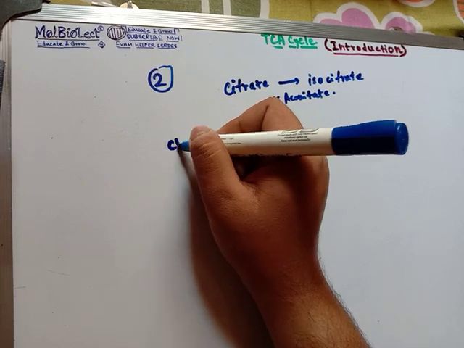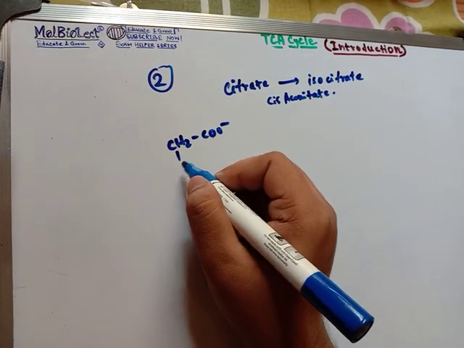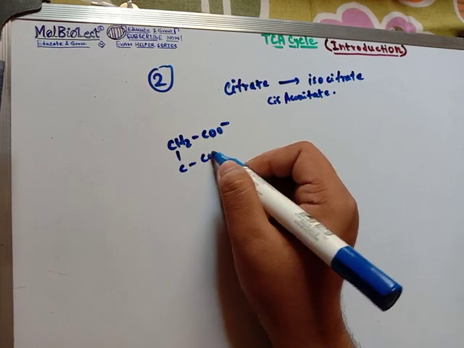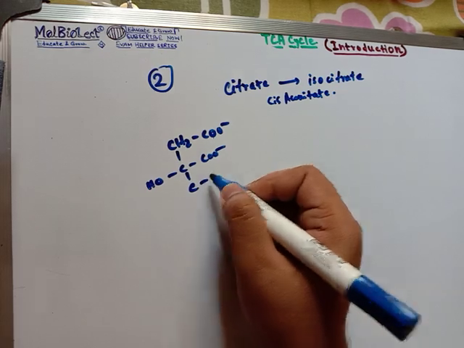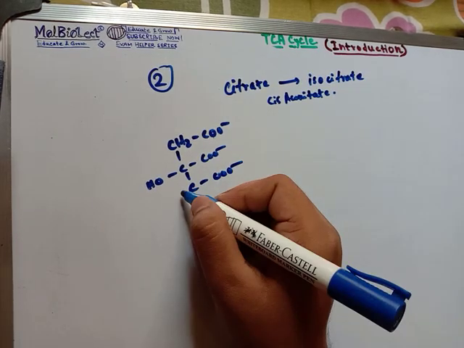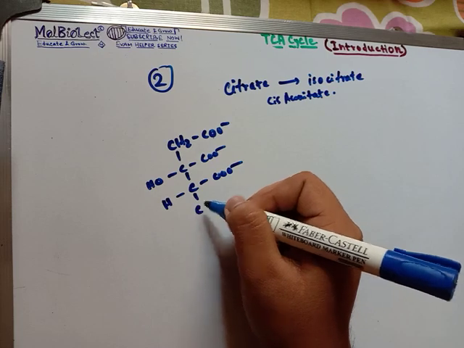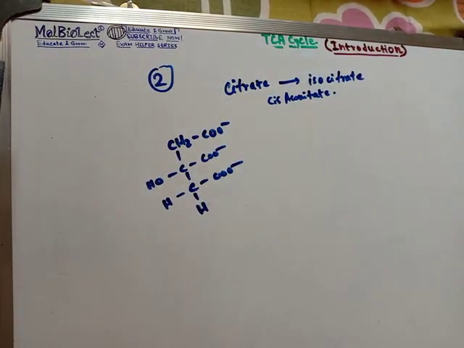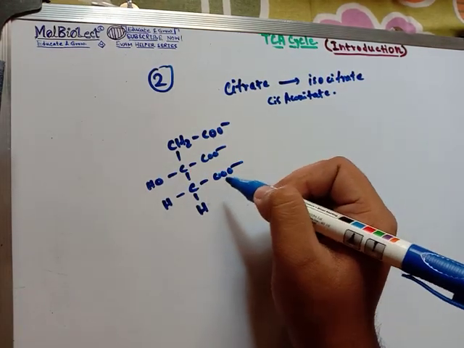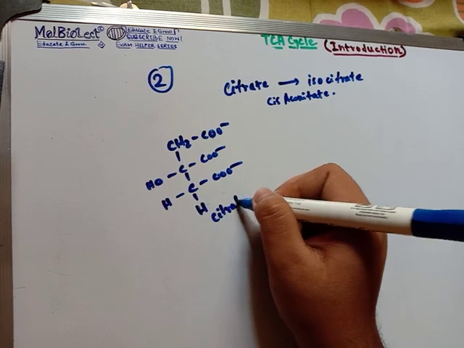So from our previous part we have this CO minus, CH2. Over here this is our citrate.